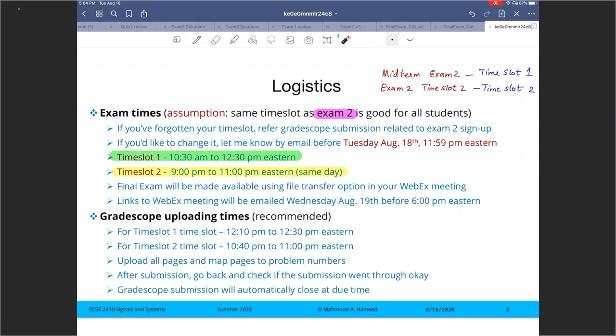And by now, the fact that you guys have been submitting all your work, or at least most of your work, through Gradescope for most of your classes, I hope you are now very familiar with how to do this process, and you have gotten a lot quicker with scanning and uploading things to Gradescope. Okay, any questions as far as logistics is concerned?